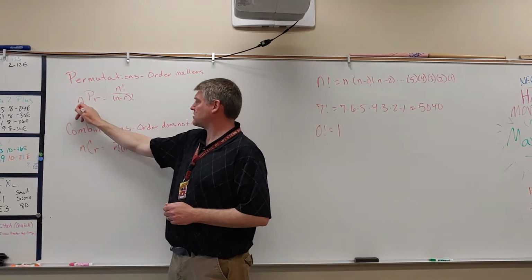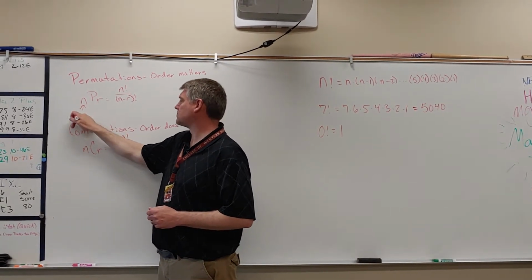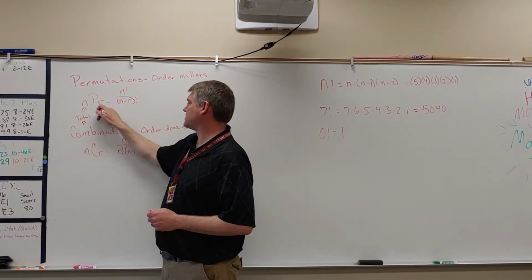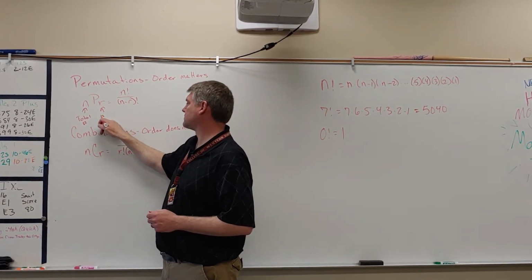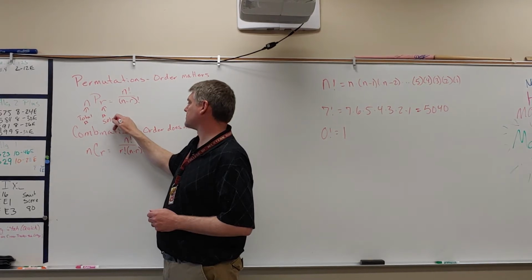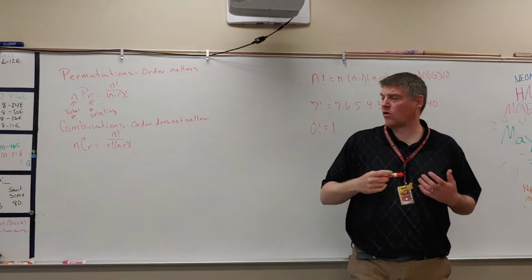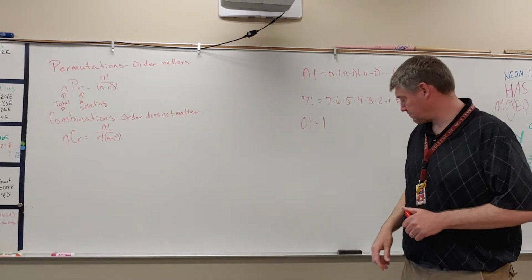So this is the total number, and this is the number selecting. And so I would have n factorial over n minus r factorial.